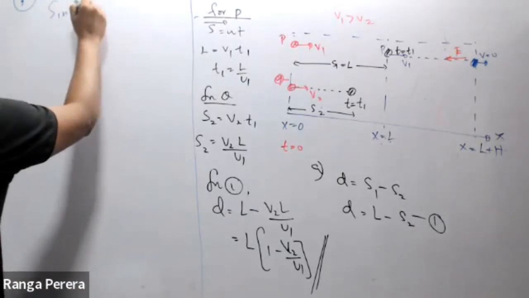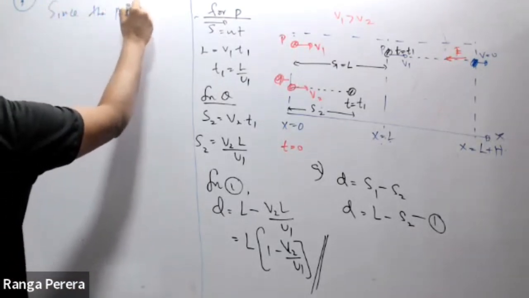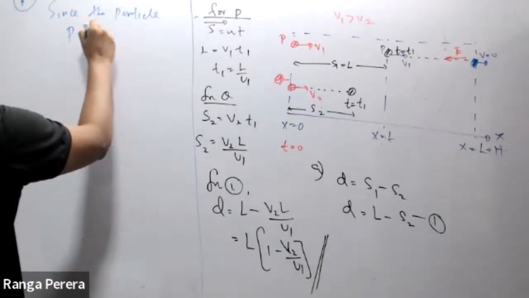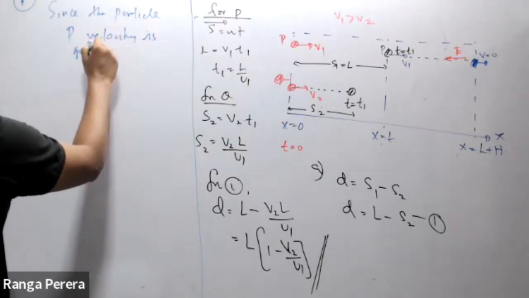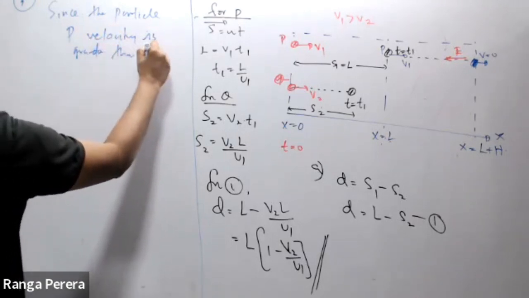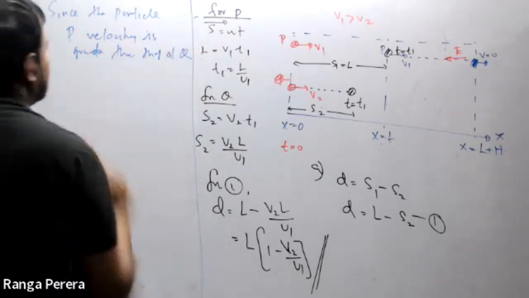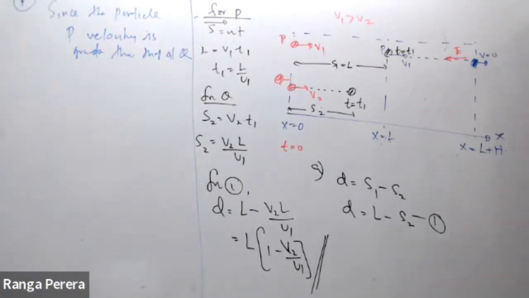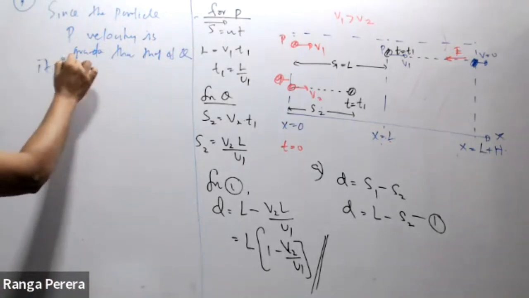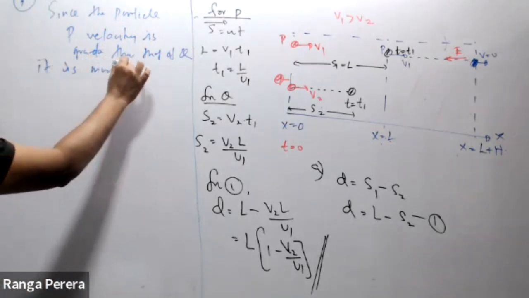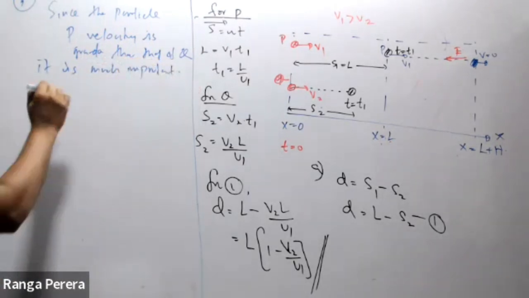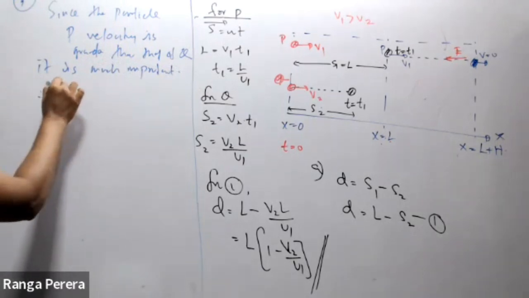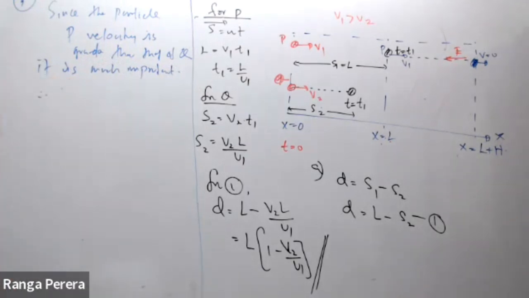Since the particle P velocity is greater than that of Q, it is much important. Therefore, we can apply our equation.